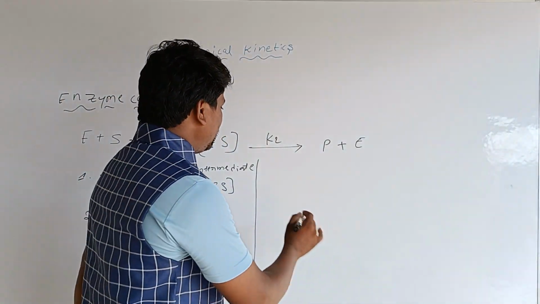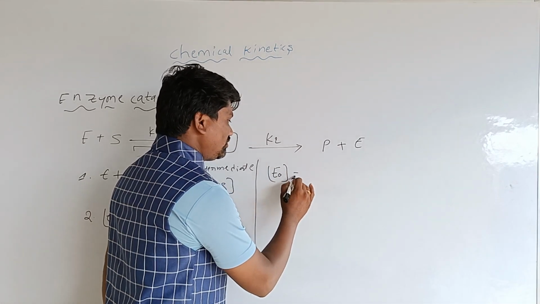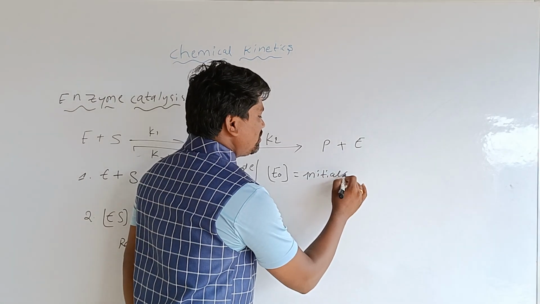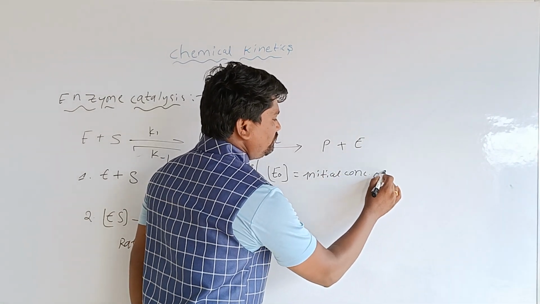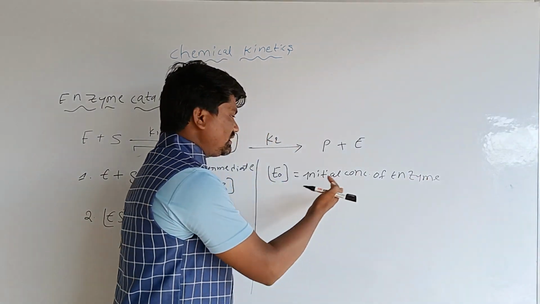In enzyme, the initial concentration is E naught, the initial concentration of enzyme. ES is the enzyme substrate complex, and E is the free enzyme.